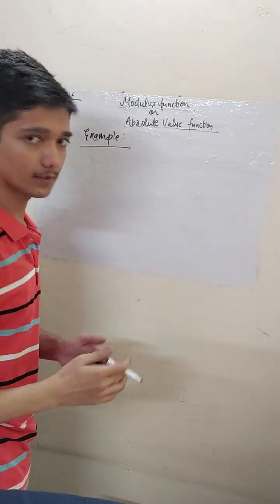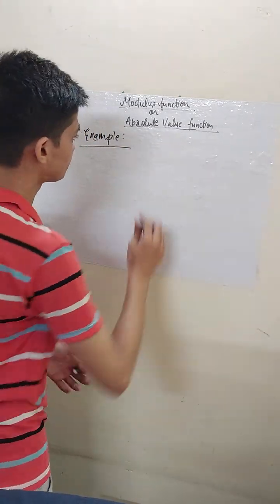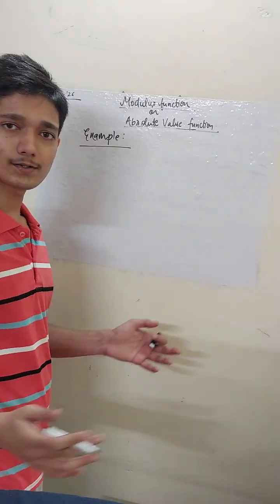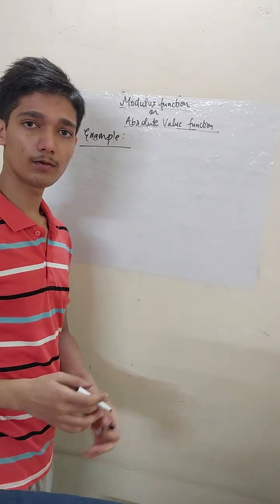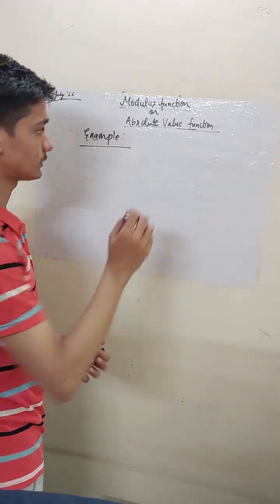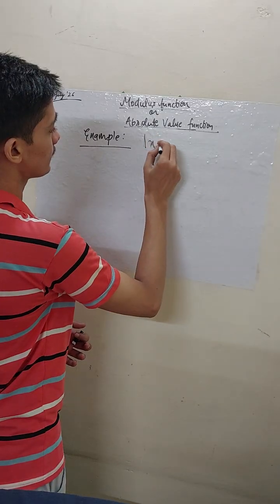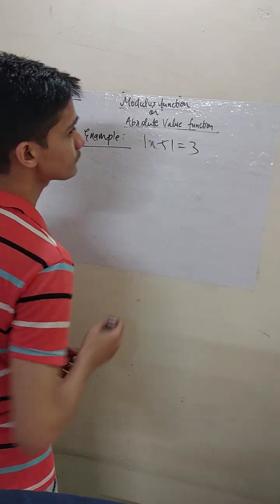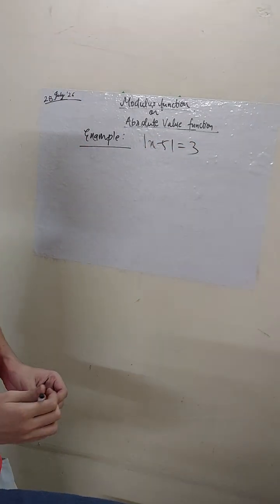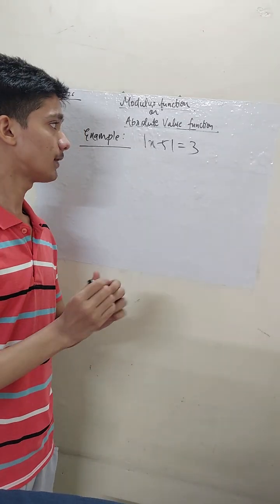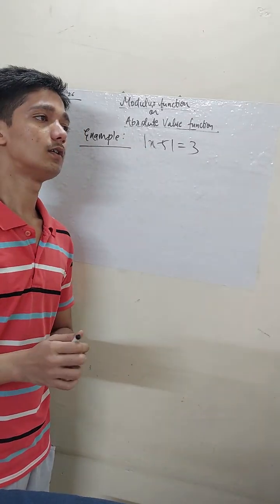Let's take an easy example in the beginning, because this is just an introductory video of the modulus function. So mod of x minus 5 is equal to 3. Here we have mod of x minus 5 equals 3.